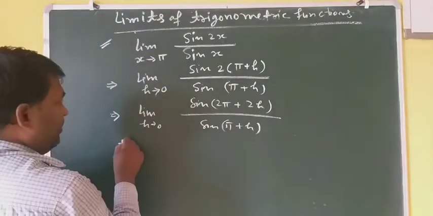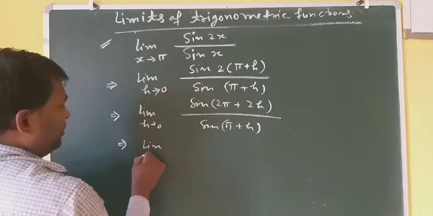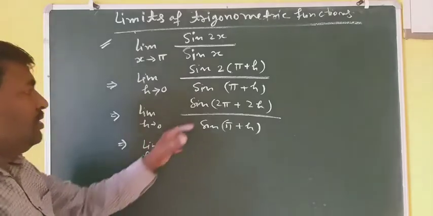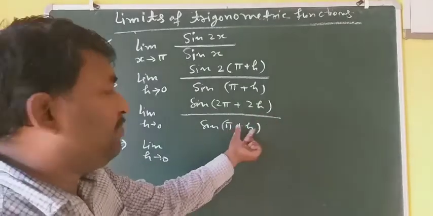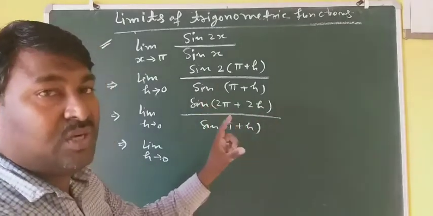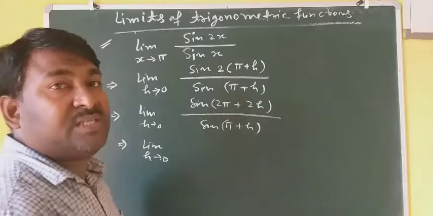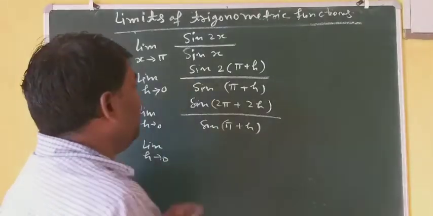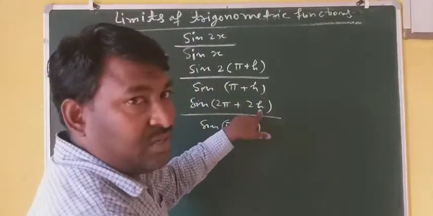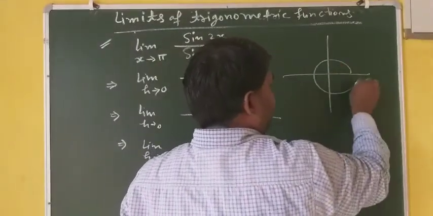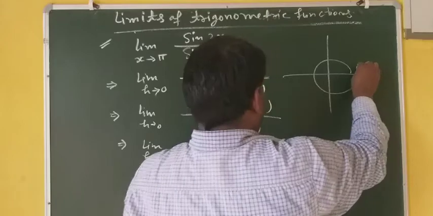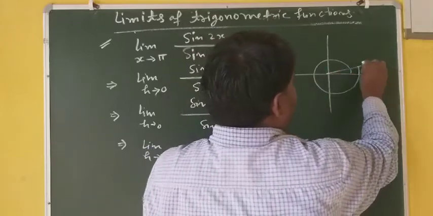Now applying the formula, whether the trigonometric ratio will change or not. In the case of 2 pi plus minus or pi plus minus, trigonometric ratios are not going to change, only their sign may change. So sin of 2 pi plus something: 2 pi means one complete circle and plus something more means you are in the first quadrant.